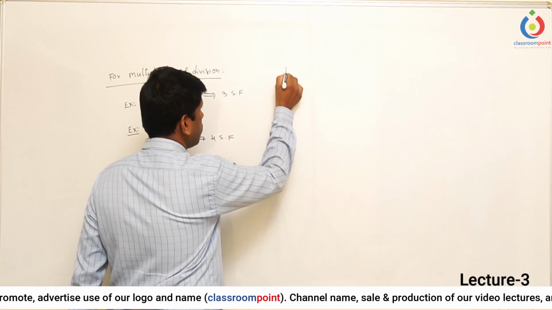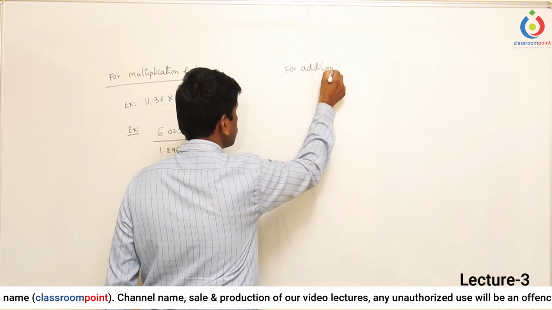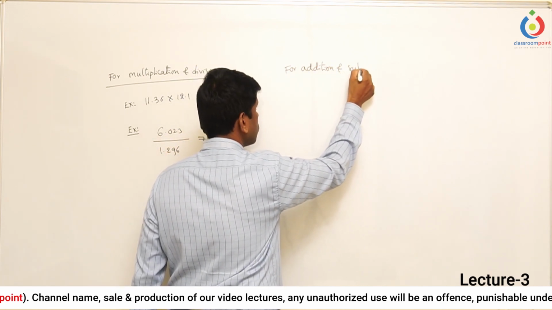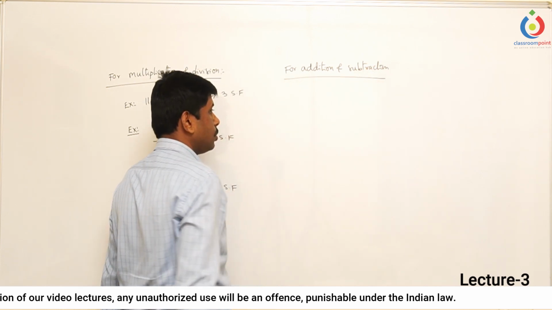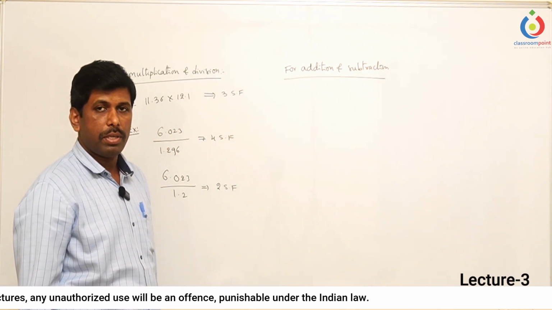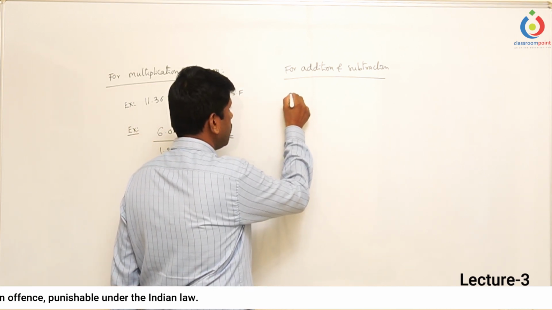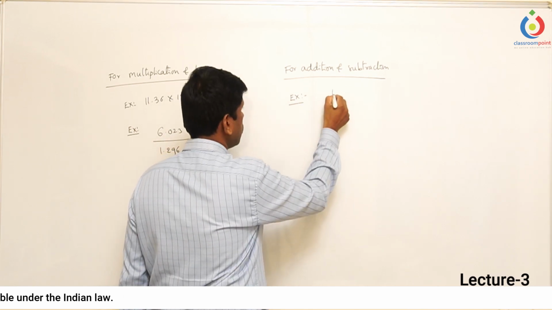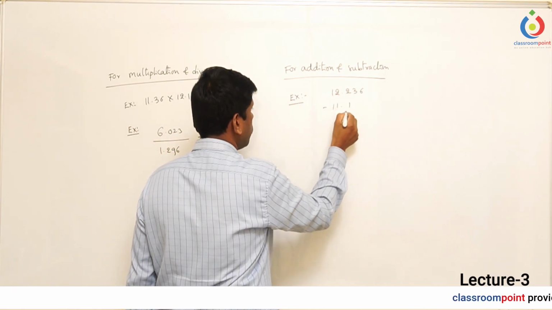Next, for addition and subtraction. While doing this type of mathematical operation with significant figures, let us take an example so that we can understand it in a better way. 12.236 minus 11.1 is there.